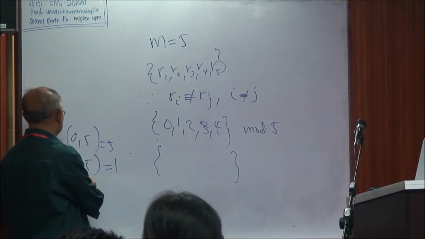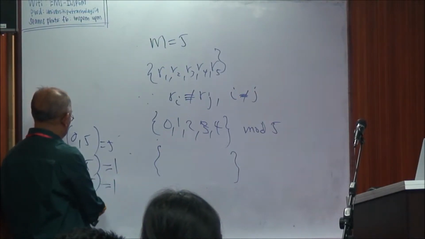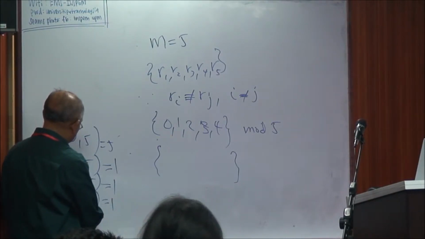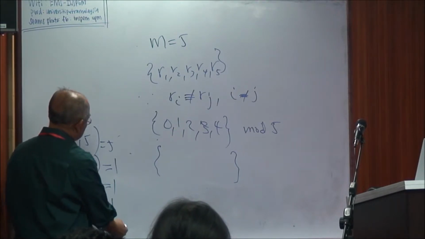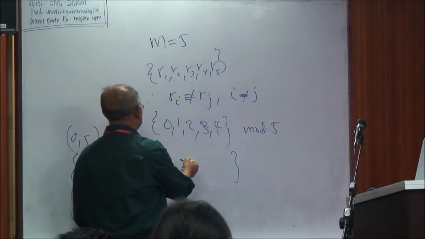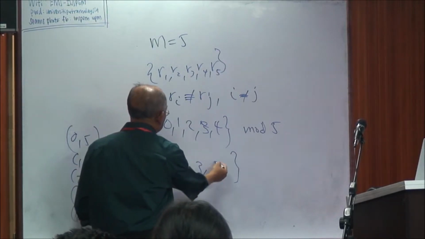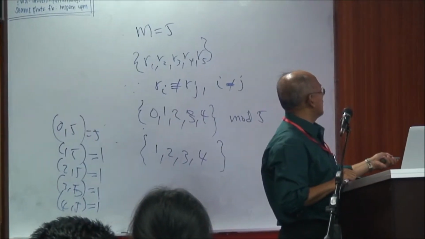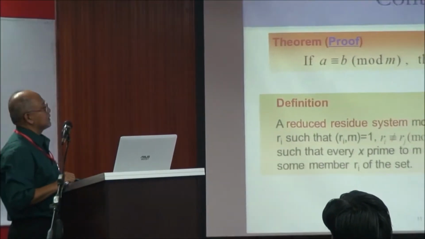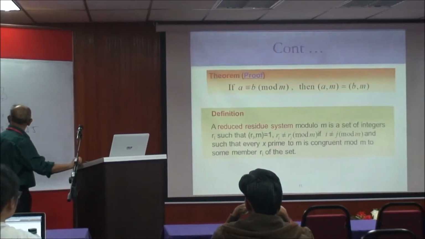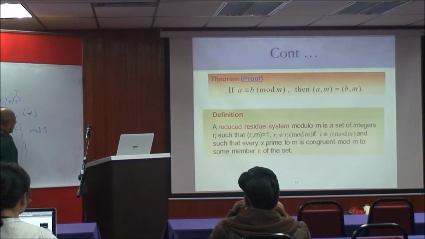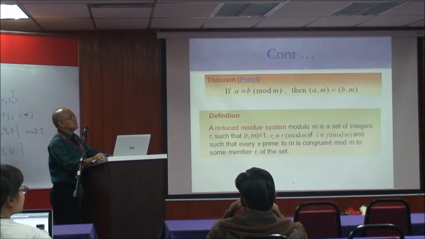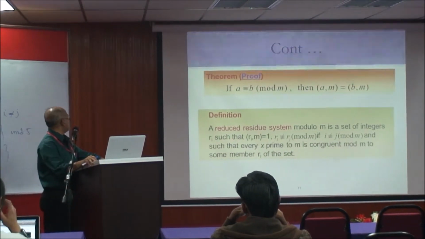Definitely GCD is 1, 2 also 1, and up to 4 also 1. So meaning that we have 4 out of these 5 that can be in the reduced residue system, satisfying this condition and this condition. Meaning that we can get it from the complete residue system, and from there we can determine which elements are inside the reduced residue system.